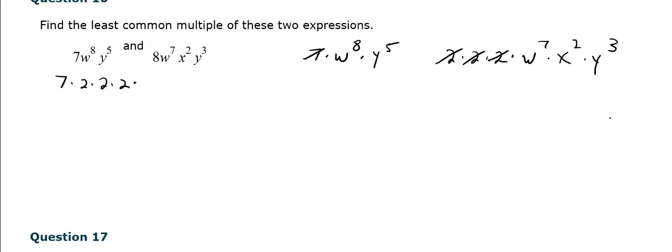Now both of them have w's. So the one with the highest exponent is w to the 8th. And they both have y's as well. And the one with the highest exponent is y to the 5th.